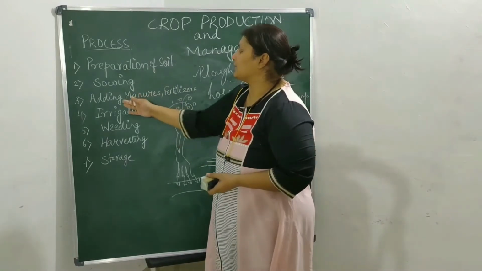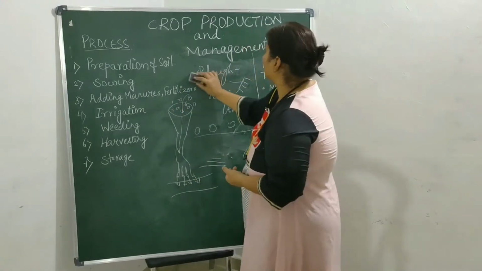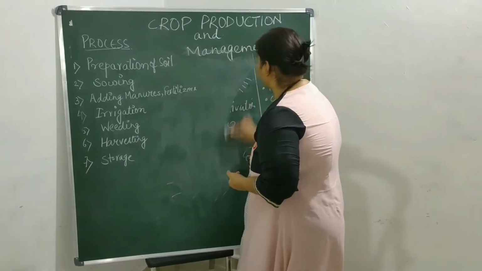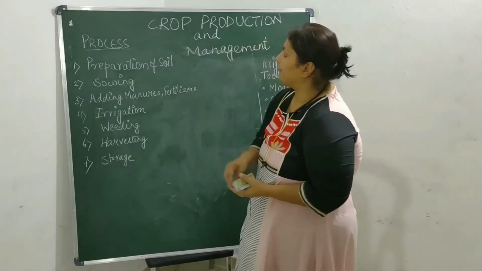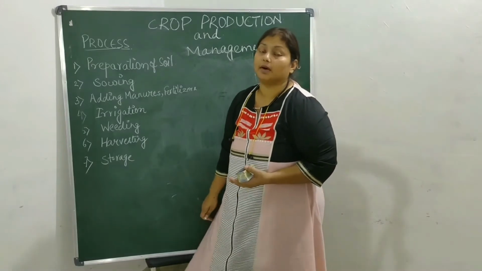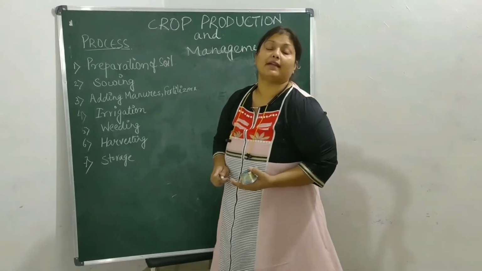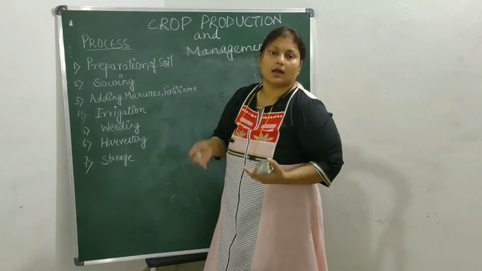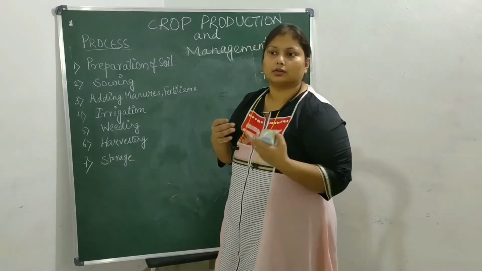So now the next one is adding manure and fertilizer. In the sowing process, before we pour the seed on the land, we must keep one thing very clearly in mind: we have to select a disease-free seed. The seed should be of very good quality. It might be hybridized or very good in all things, all the cotyledons in the seeds.